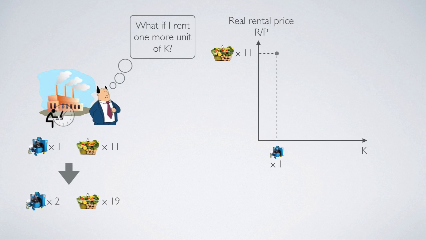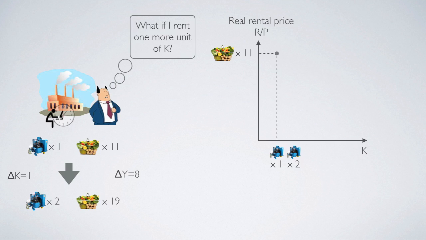Based on his production technology, when he increases his capital hiring from 1 to 2, his total output level can increase from 11 to some number, say 19 here. Therefore, for this extra unit of machine rental, it can give the firm an extra 8 units of output.